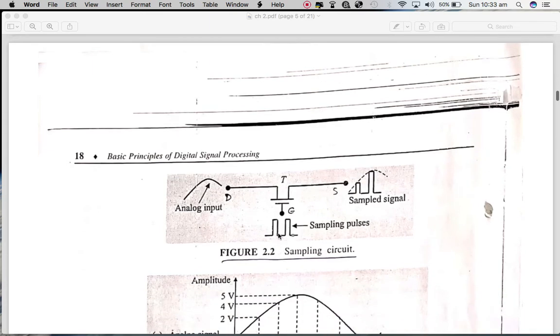The sampling signal applied across the gate activates the device and moves the input signal to the output, and in that way we retrieve a sampled signal of the analog input.